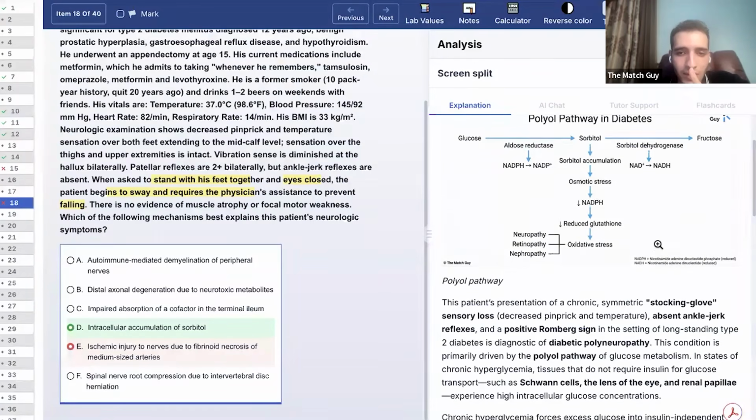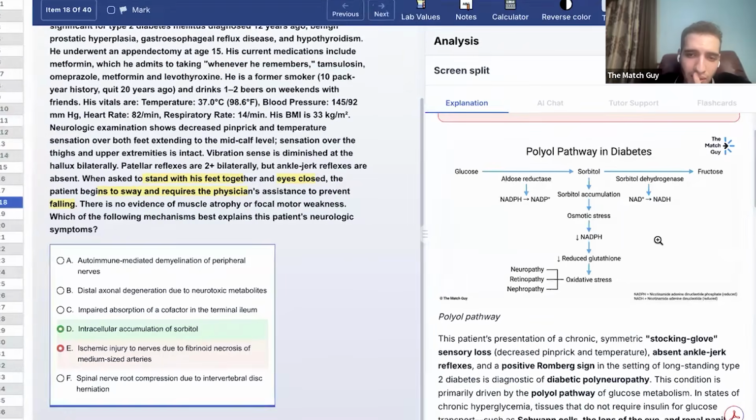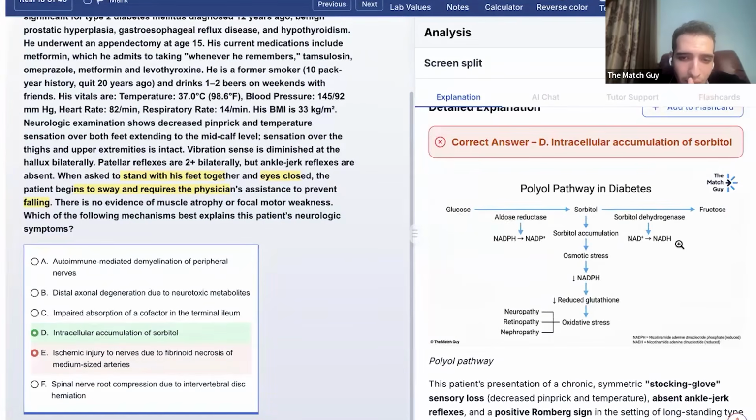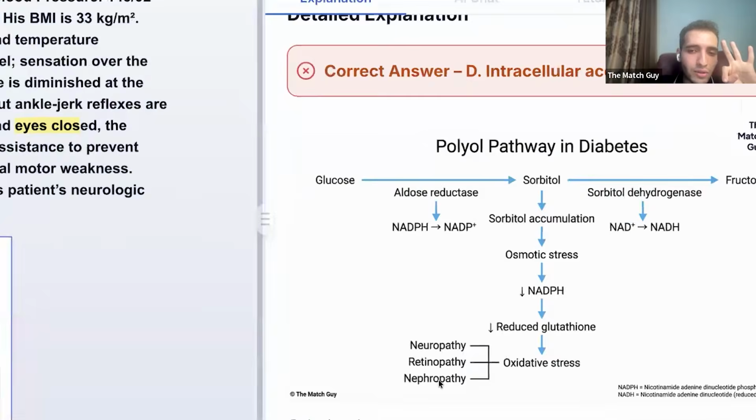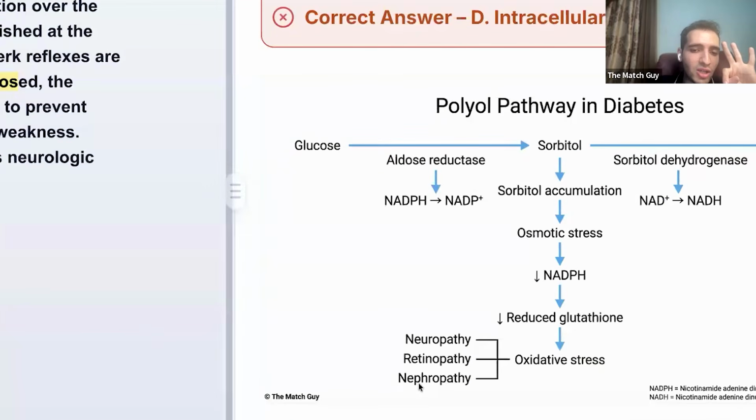Okay, so first, let's see here. That's the pathway by which glucose will accumulate, and usually it will go into sorbitol, and this sorbitol will accumulate in three organs. I didn't know this. I thought sorbitol only accumulates in the retina and causes cataract. I didn't know it will also accumulate in the nerves and cause neuropathy.